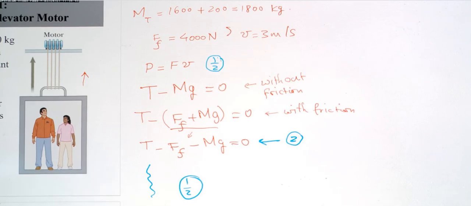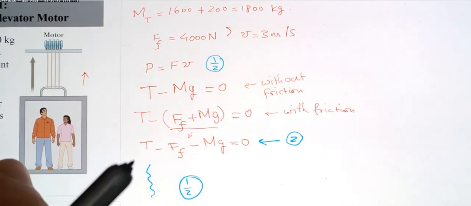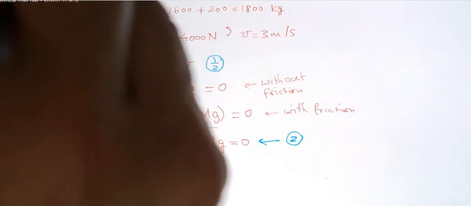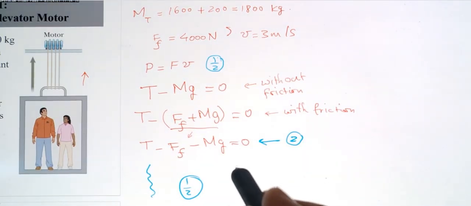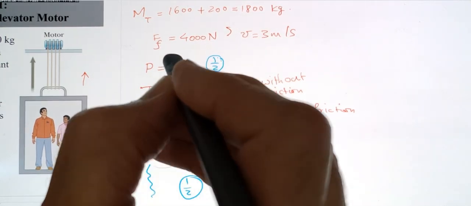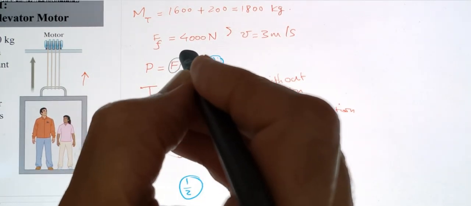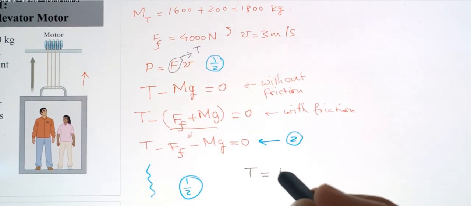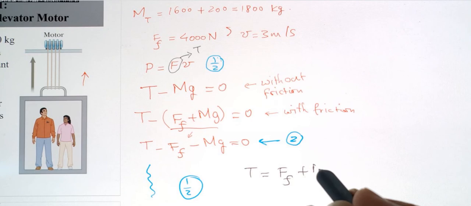Okay, now we wrote the equation. We calculate the tension, because the tension will enter into this force. This is our tension. So our tension is equal to force of friction plus mg.